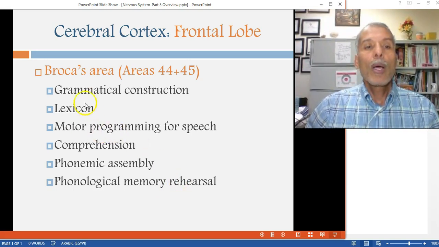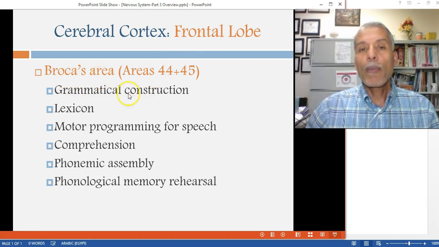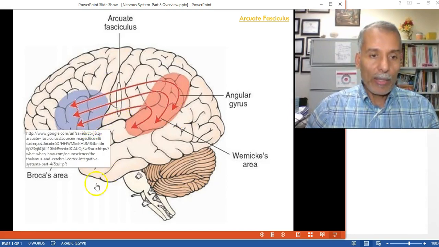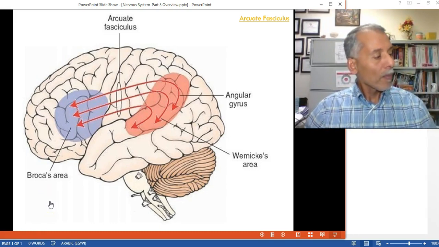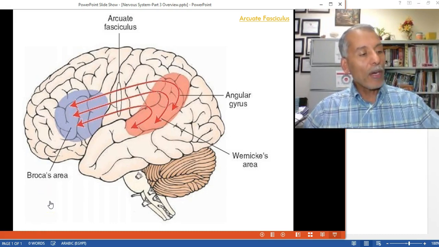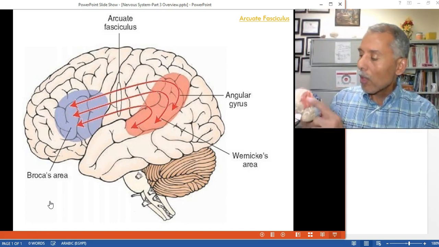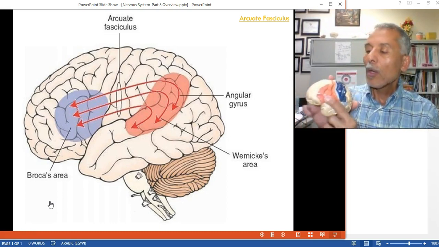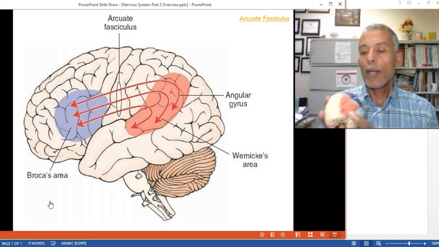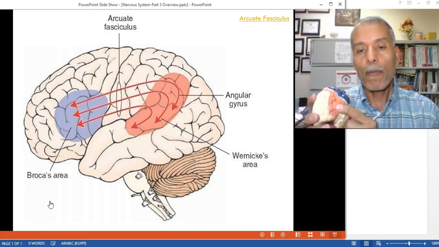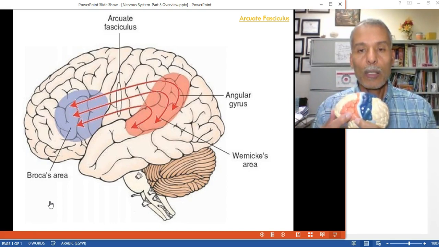We are still speaking about the frontal lobe of the brain. Now we speak about Broca's area. Broca's area is the area that lies in the inferior, posterior frontal lobe, in front of the foot of the premotor cortex.